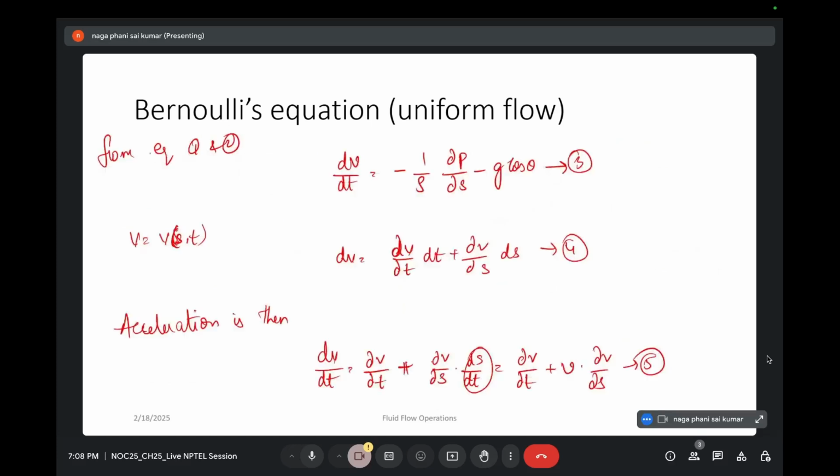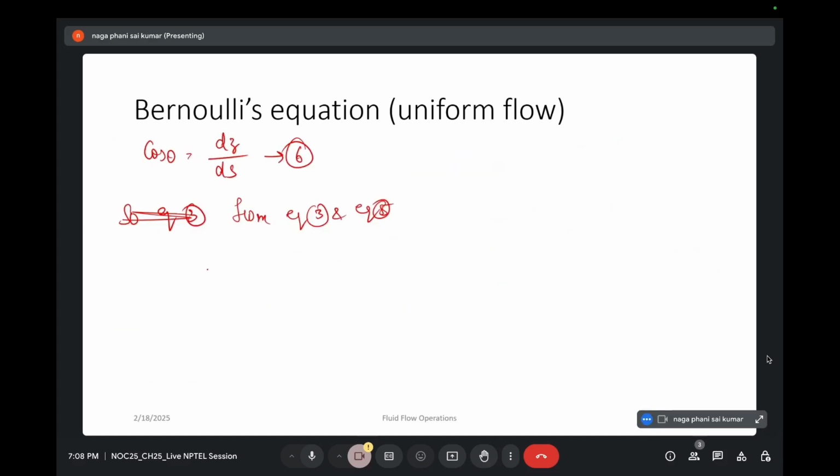We can write dou v by dou t plus v into dou v by dou s is equal to minus 1 by rho into dou p by dou s minus g into dou z by dou s. Let's say this is equation 7.